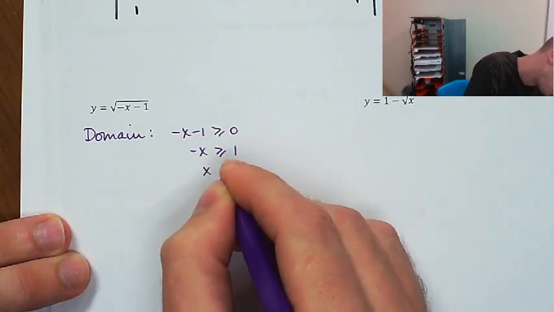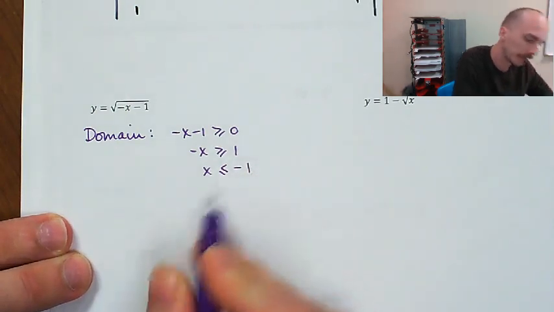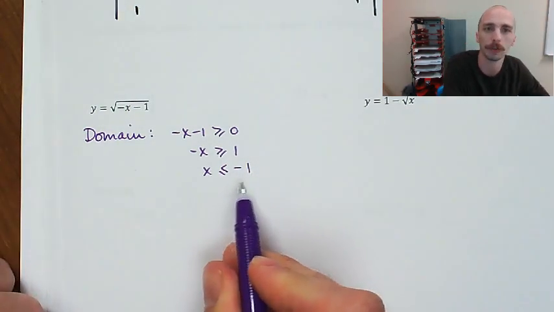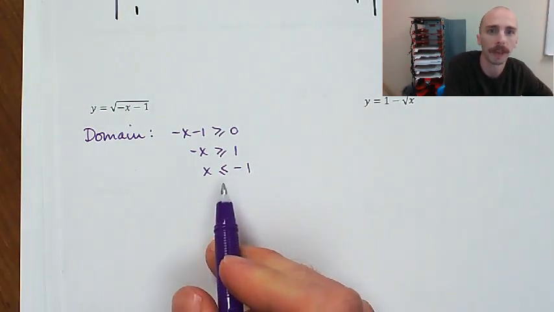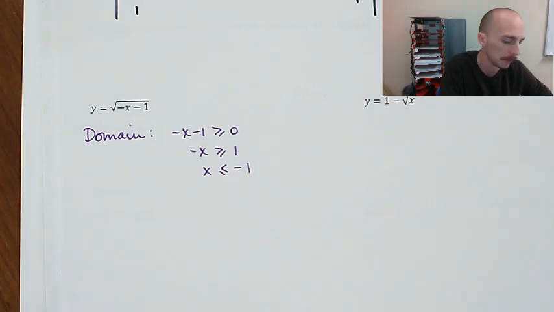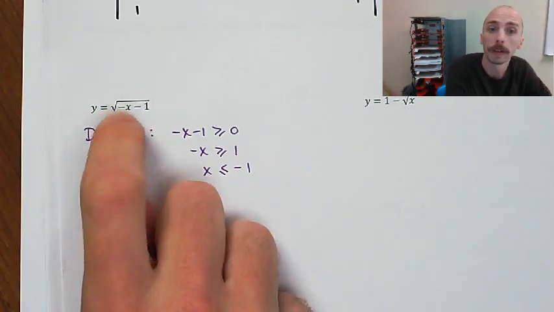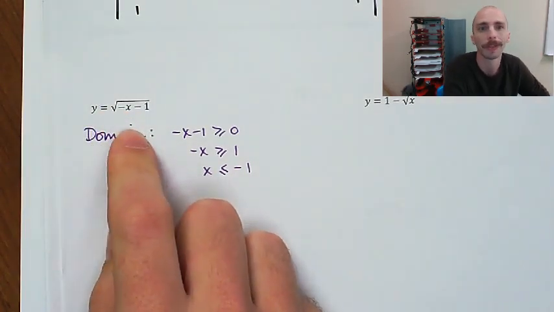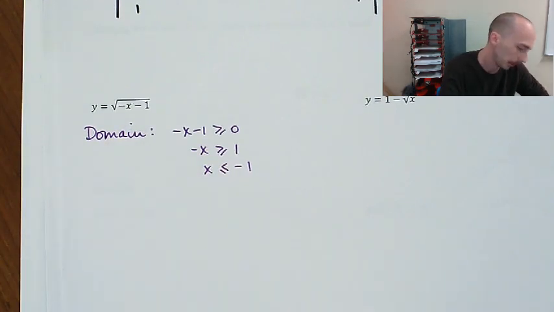I'm going to multiply both sides by -1, which will reverse the direction of the inequality, and I get x is less than or equal to -1. So that's a piece of evidence that tells me this thing needs to be going backwards, kind of, backwards to our frame of reference. Also, that -x on the inside of the square root can be telling us that the thing needs to go back to the left. Either way, depends on how you want to look at it.